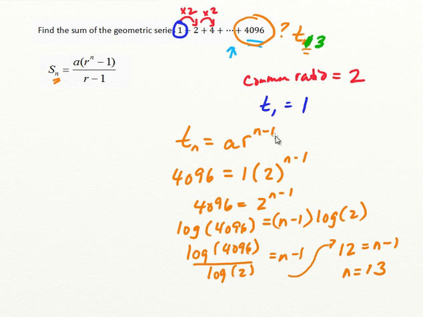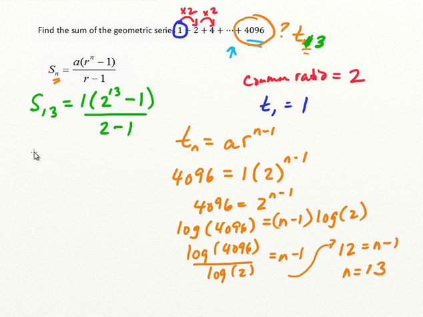So that tells me that this term, 4096, is actually the 13th term in this geometric sequence. Using that information, I can now apply the sum formula. The sum of 13 terms is equal to a, which is the first term, 1, times r, the common ratio, 2. n is 13, so I need 2 to the exponent 13, and then minus 1, all of that divided by r minus 1, which is 2 minus 1.